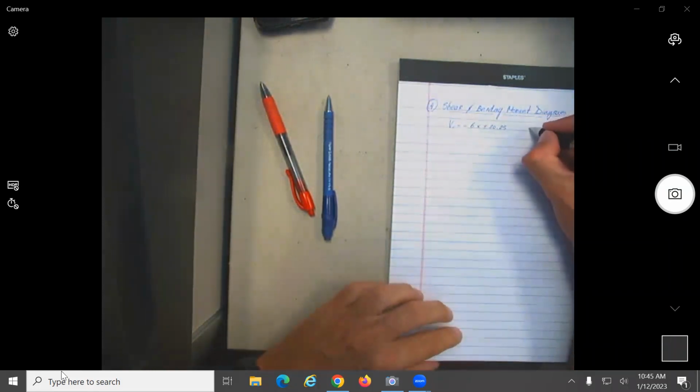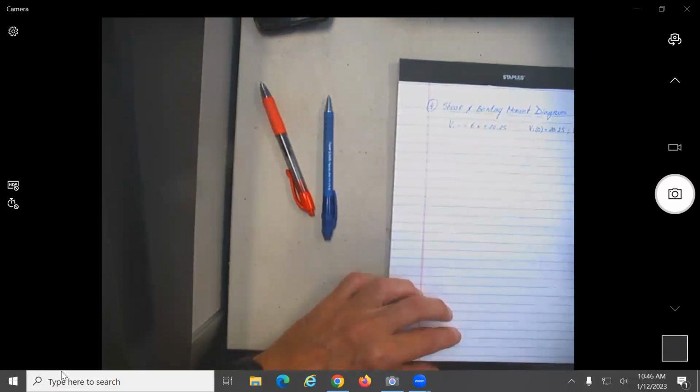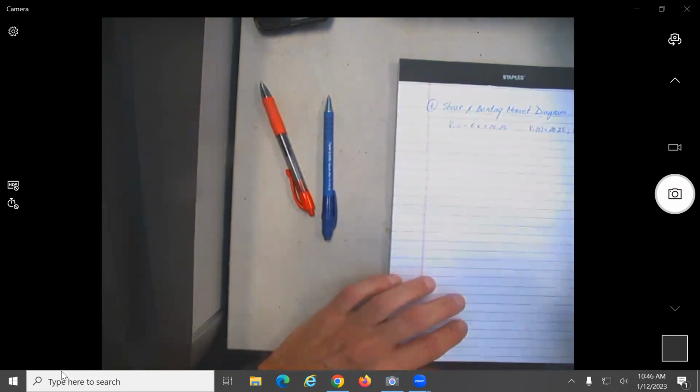And we know that V1 of 0 equal 20.25, V1 of 8 equal to minus 27.75.